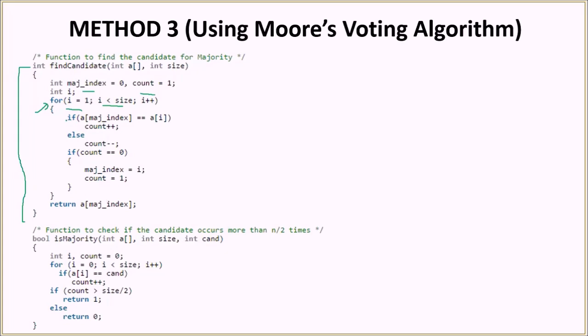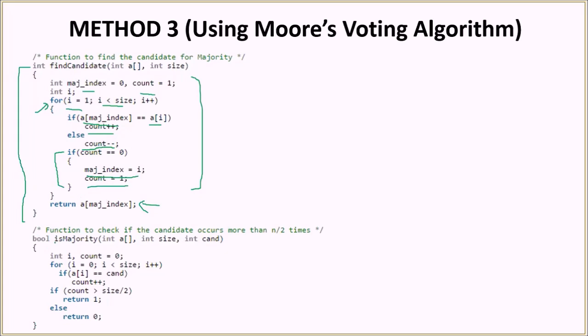Then we check if the element at majority index is the same as the current element. If yes, then we increment the count. Otherwise, we decrement the count. If at any point the count becomes 0, we set the majority index to the current element and the count to 1. After all this, we return the candidate, which is the element at majority index.